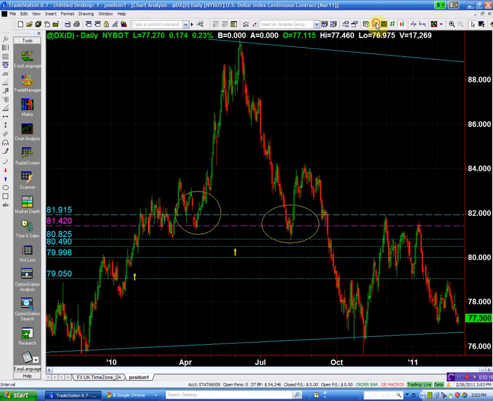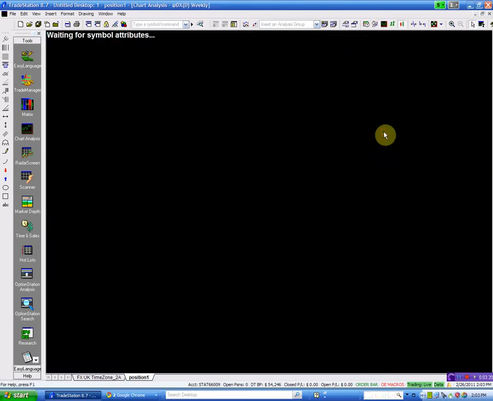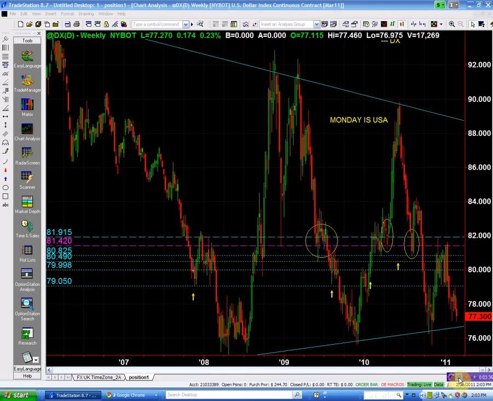First of all, let's look at the dollar. The dollar had a pretty rough week last week, and it has sold off against the Swiss franc, and against most of the major currencies.